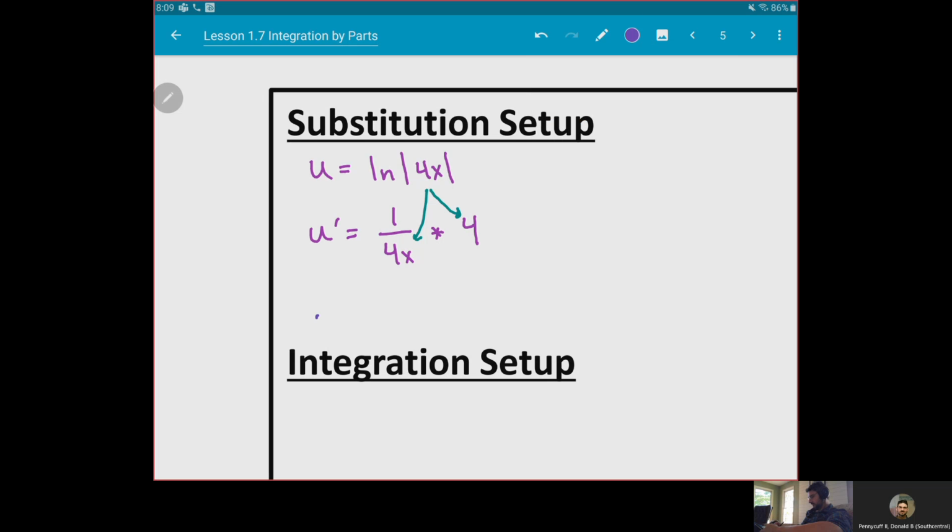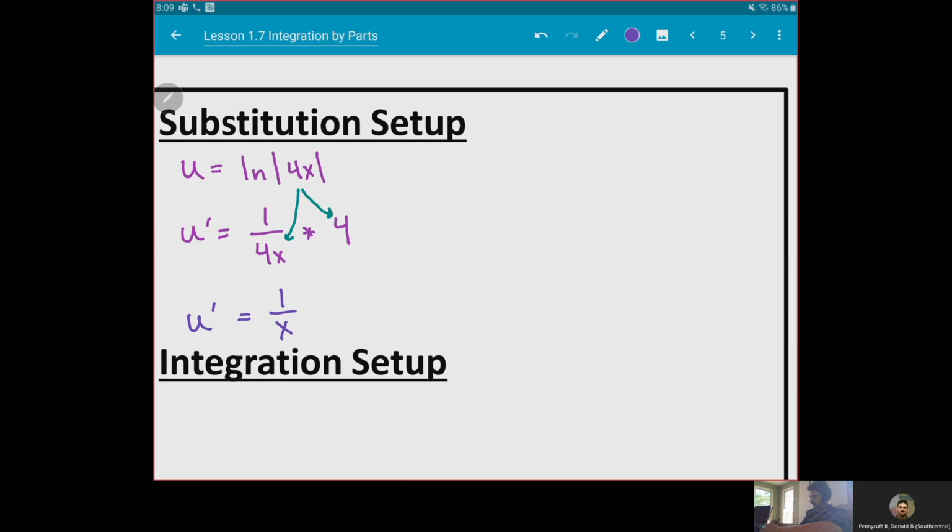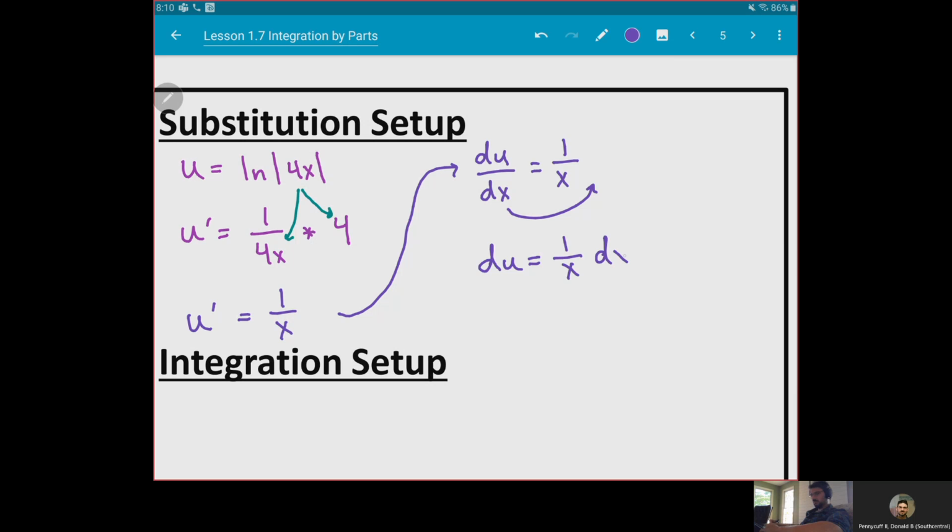And so the derivative is 1 over x. And so that's going to give me du over dx is equal to 1 over x. Move that over. So du is equal to 1 over x dx.